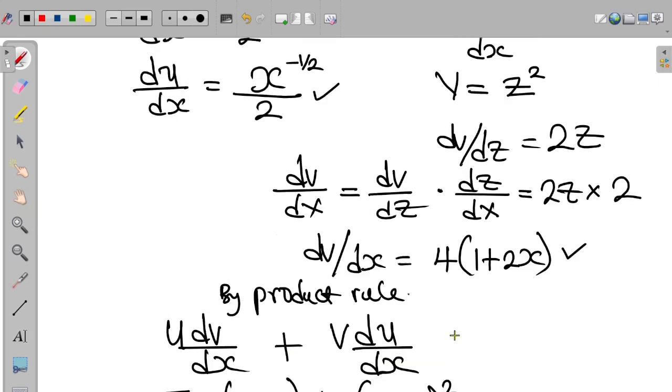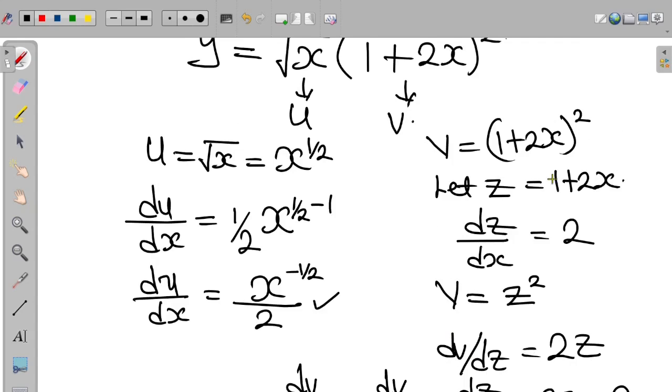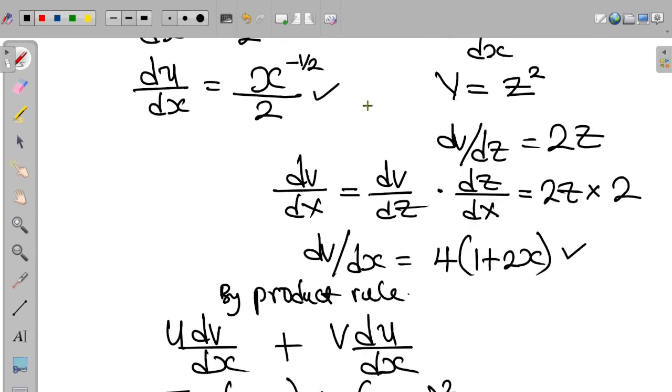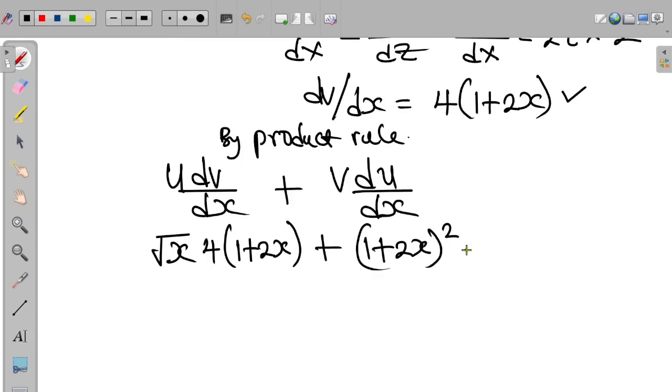The value of v is (1 plus 2x) all squared, and also du/dx is equal to x to the power of negative 1/2, all divided by 2. So if we simplify further, 4 times 1 is 4, and 4 times 2x is 8x.